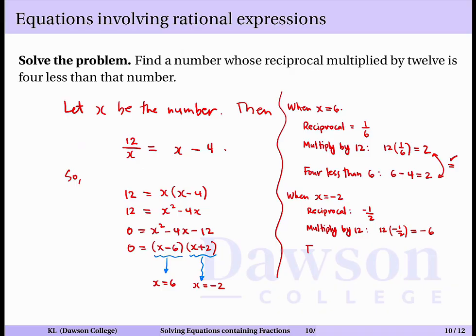And then 4 less than negative 2 will be negative 2 minus 4, which is equal to negative 6. And they are equal. So both are solutions. Both negative 2 and 6 are solutions.